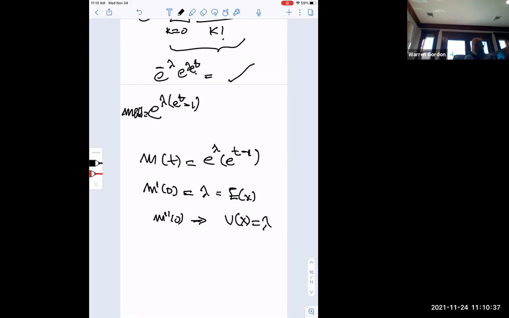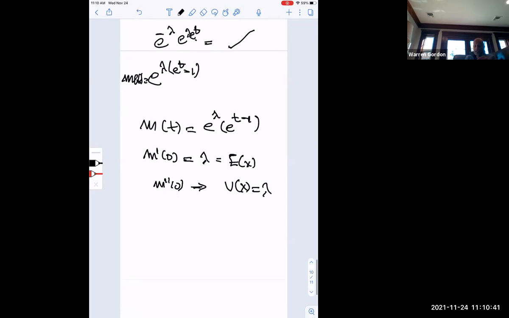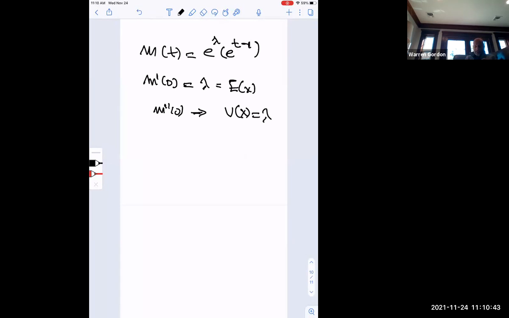So we have, for the Poisson distribution, an interesting result. The probability that X equals k is lambda to the k, e to the minus lambda over k factorial.